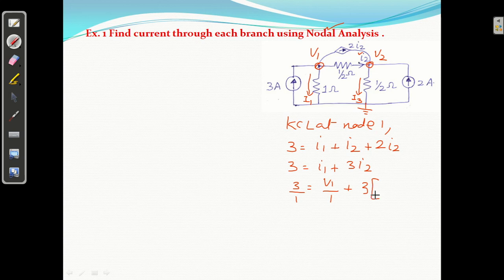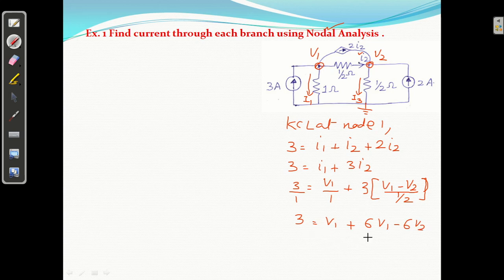What is the value of I2? This is I2, right? So V1 minus V2 upon 1 by 2. So it is V1 plus 3 upon half, meaning 6V1 minus 6V2.